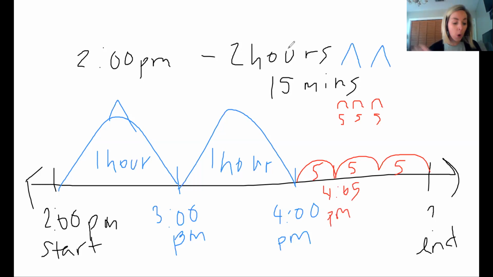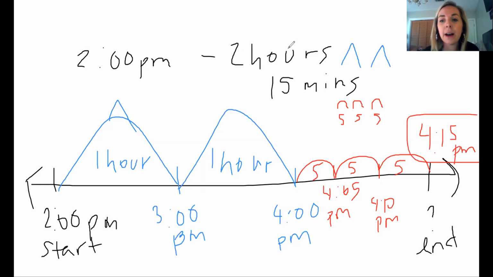Okay, 5 more minutes. So after 4:05, I gotta get used to doing this backwards, comes 4:10 p.m. And then finally, just 5 more minutes comes 4:15. So they finish playing the games at 4:15, and do not forget PM. Okay, so the answer to that question is 4:15 p.m.